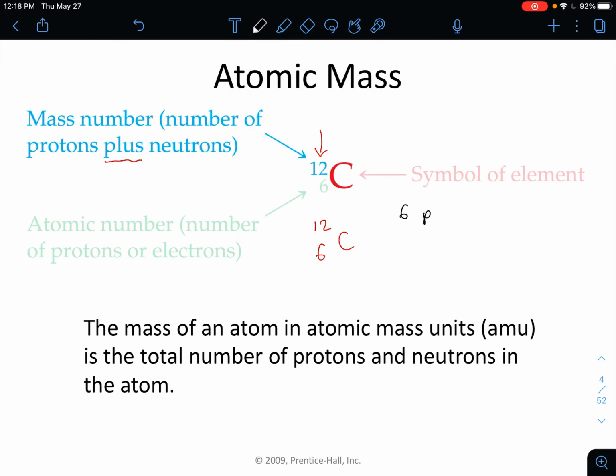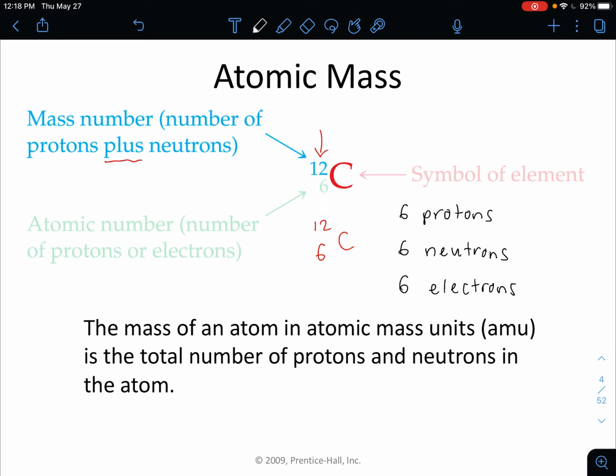So this is 6 protons, then 12 minus 6, so 6 neutrons. And there's no indication of charge, so that should tell us that the electron and proton count are the same, so 6 electrons. And what we'll see is if there is a charge, it'll be indicated in the upper right corner, and we'll get to that in a little bit.